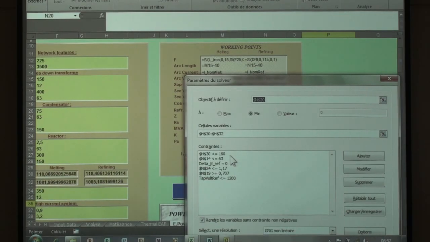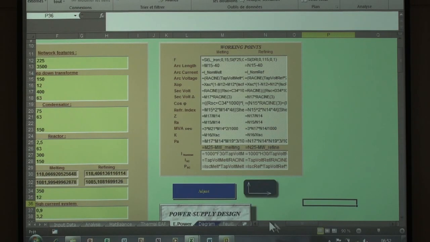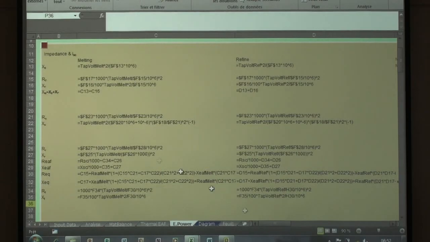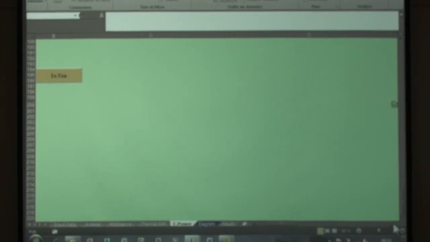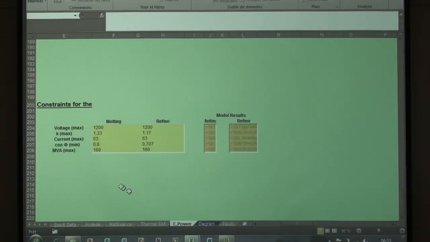This is to avoid, let's say, stupid calculations going everywhere. In fact, I show you the conditions I put. This is the constraint: maximum voltage below this value.